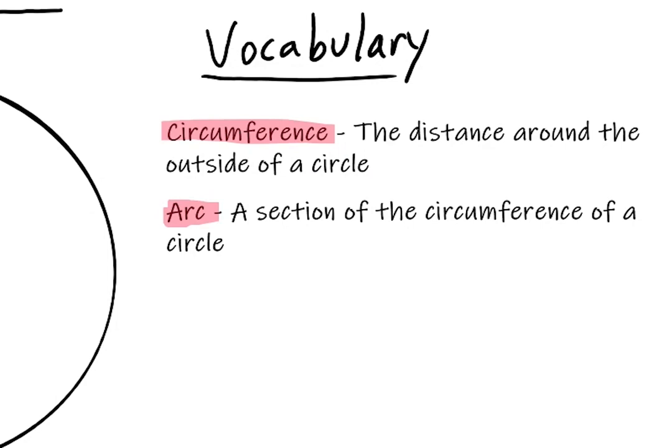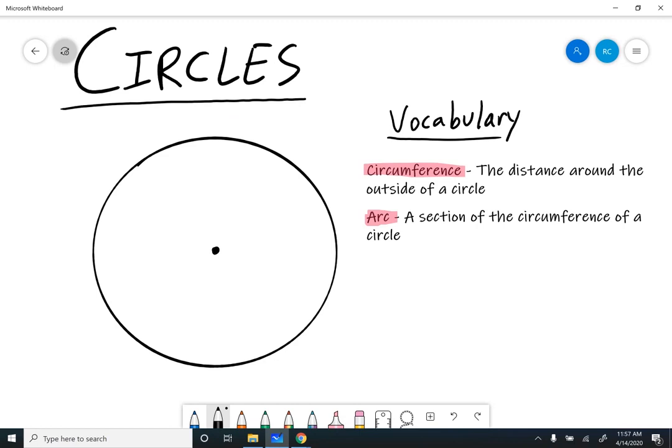So for example, I've got this circle here over to the left. Here's the center, which I'm going to call C for center, or for circle, doesn't really matter. And I'm going to call this point here point A, and I'm going to call this point here point B. Okay?